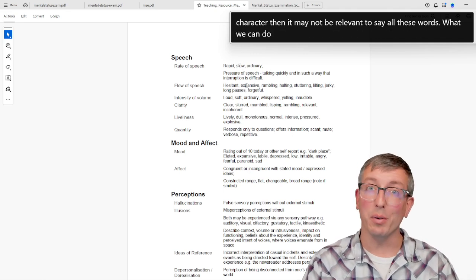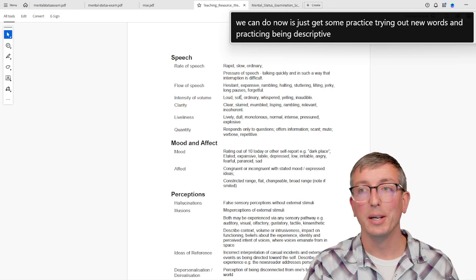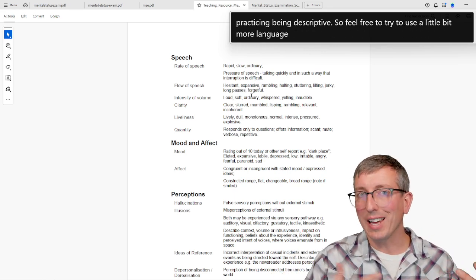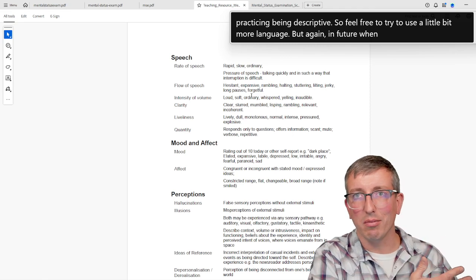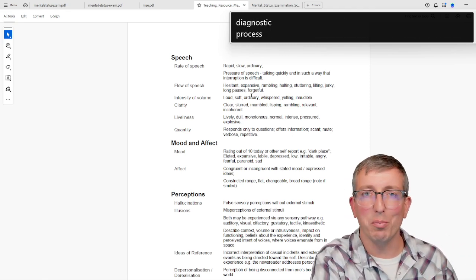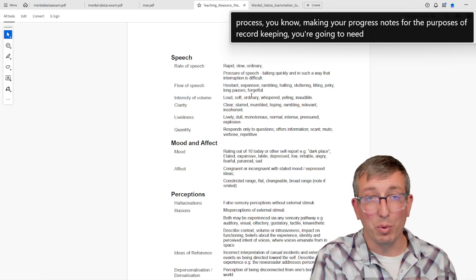What we can do now is get some practice trying out new words and practicing being descriptive. So feel free to use a little bit more language. But again, in future, when you're doing your diagnostic process and making your progress notes for the purposes of record keeping, you're going to need to be quick and efficient at this.